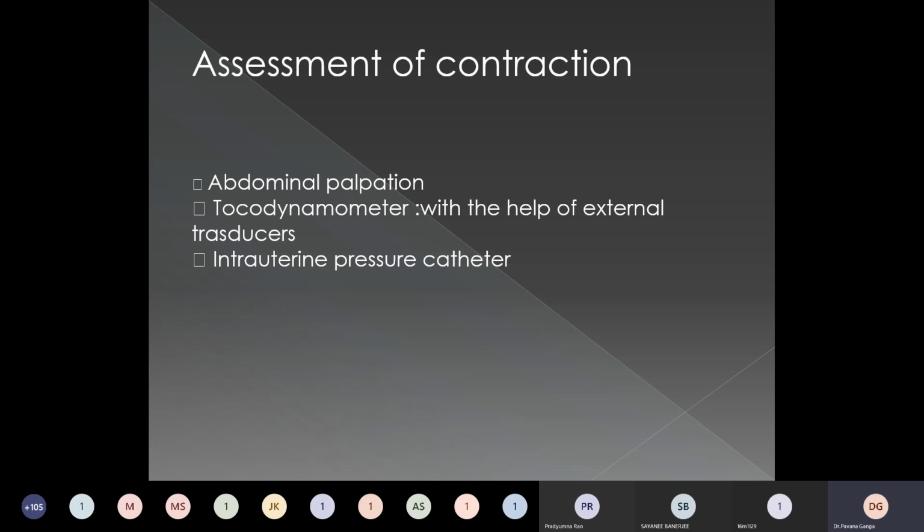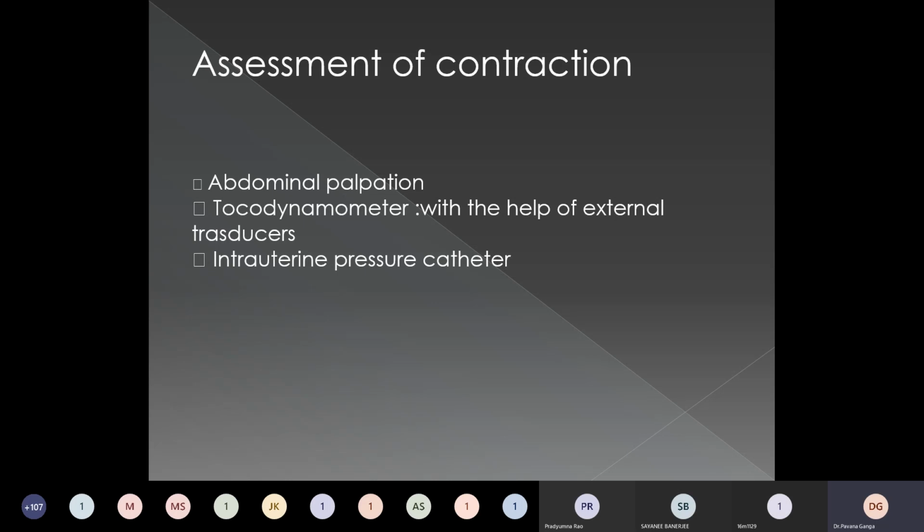The uterus will contract and completely relax. So you should have a uterine contraction associated with relaxation in a period of 10 minutes to call that this is a normal uterine activity. Okay, so by doing an abdominal palpation, you will get to know whether the lady is having a good, adequate, coordinated contraction.